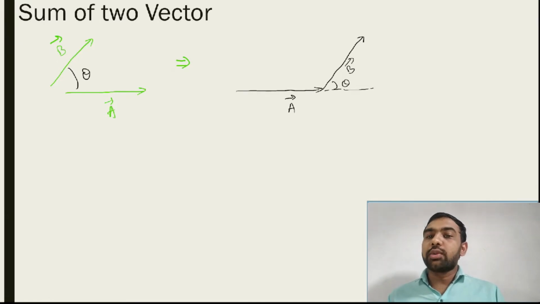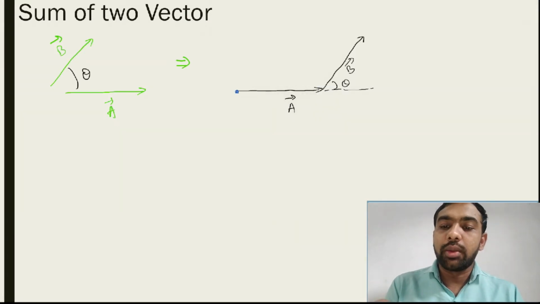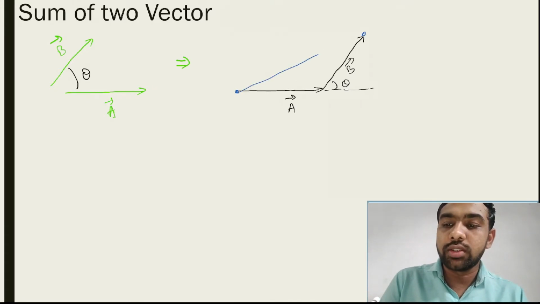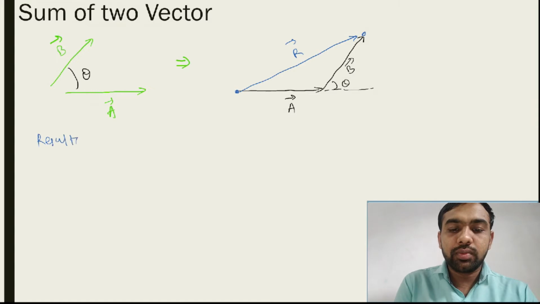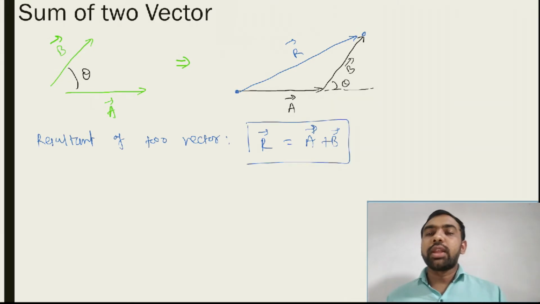We have to find the resultant vector, the summation of the two vectors. Resultant means the first vector's tail and the last vector's head, and you join these two points. This gives us the resultant R. So the resultant of the two vectors is R equal to A plus B. This is one method to represent it.